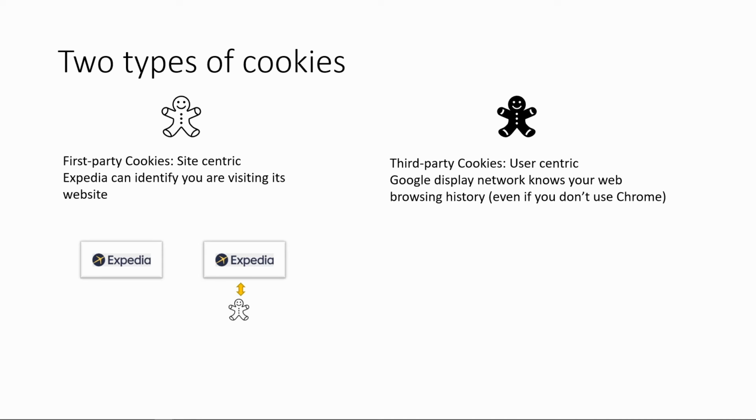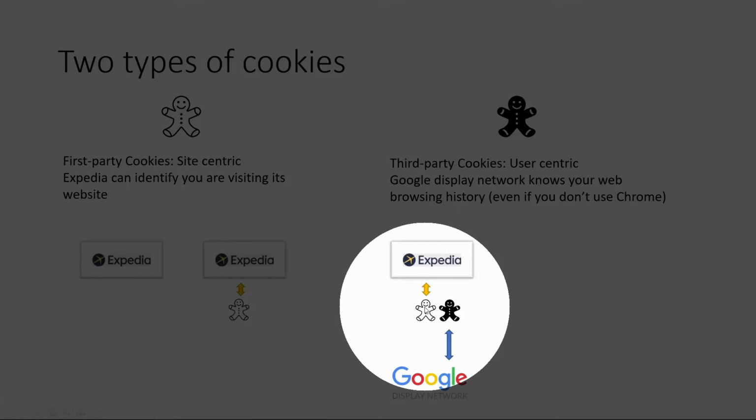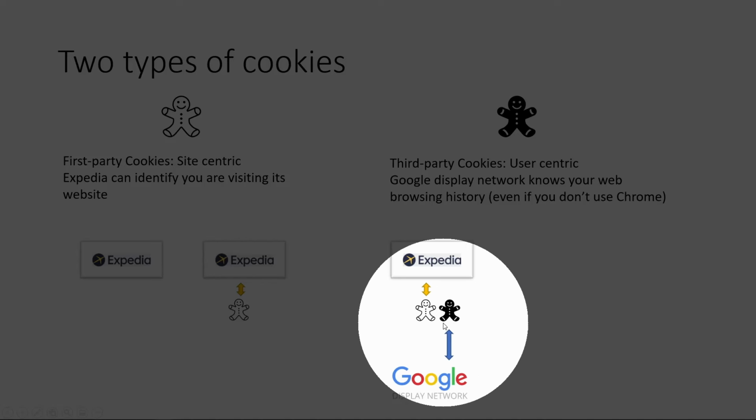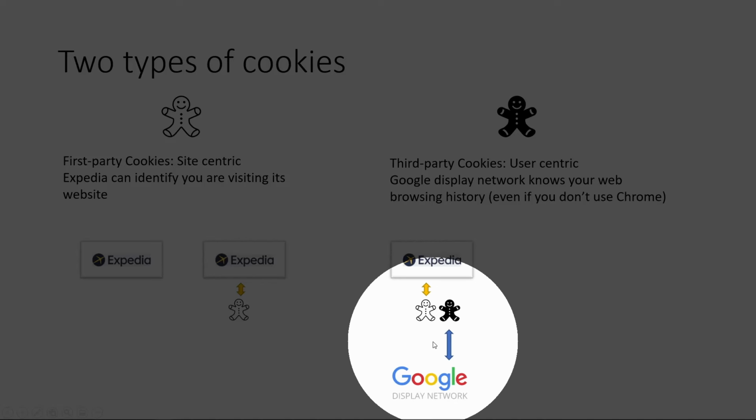So the way third-party cookies work is like this. Again, you visit Expedia, and Expedia drops cookies. But in this case, Expedia doesn't drop only its own cookie. Expedia also drops a third-party cookie. And this third-party cookie, let's say, belongs to Google's display network.